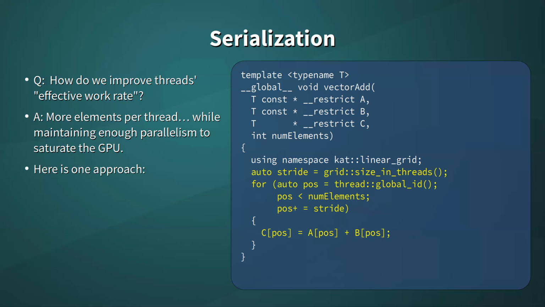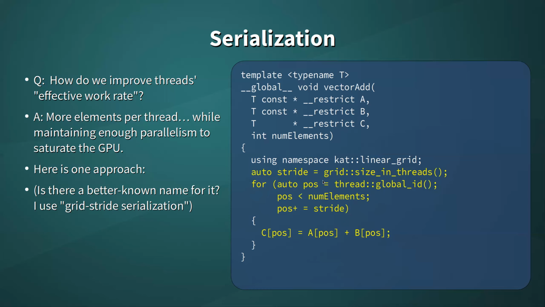So here's one way to serialize work while still working in parallel. The way I do this here is we have each thread of the entire grid work on a single element and then advance by the size of the entire grid to take its next element.